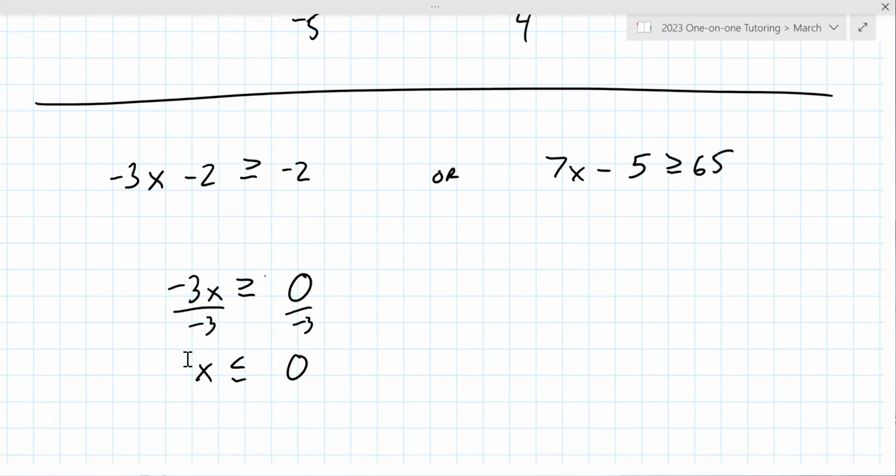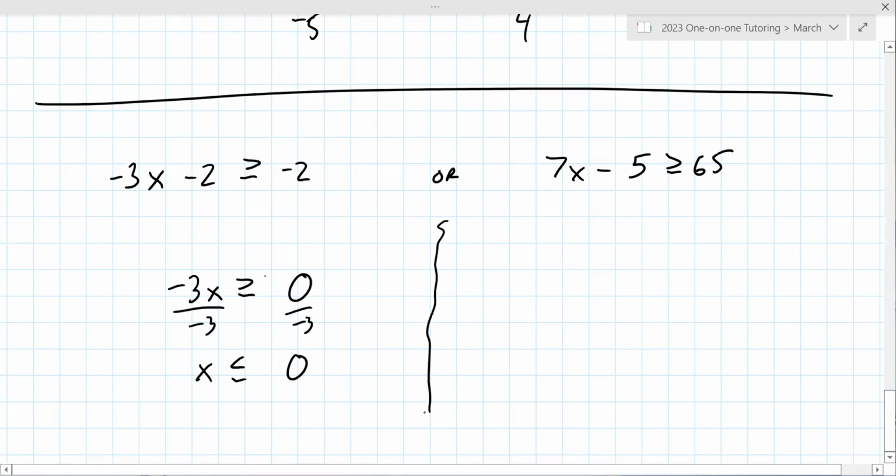And then do you want me to solve the other one? Yes, please. I got x is greater than or equal to 10.